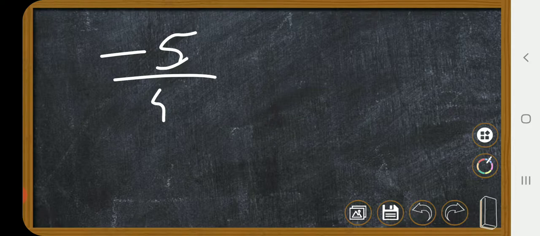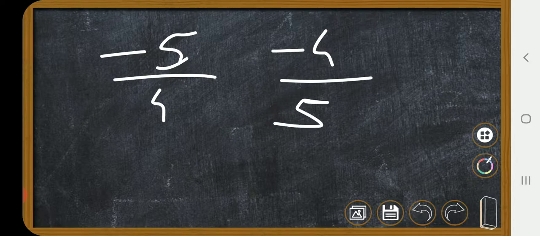Again in the negative form, suppose this is minus 4 by 5. So the multiplicative inverse will be minus 5 by 4. Okay, multiplicative inverse. Understood?